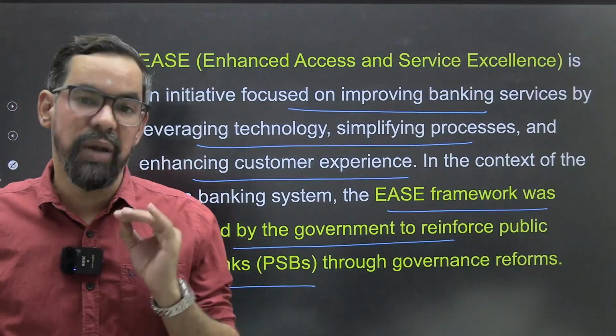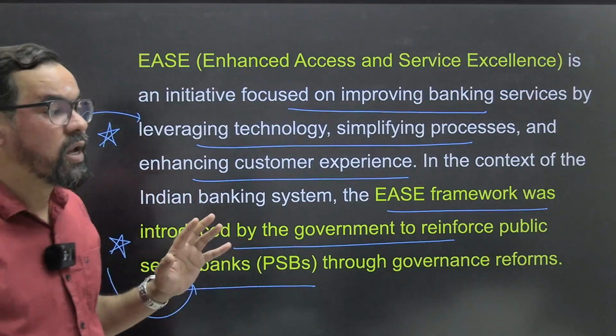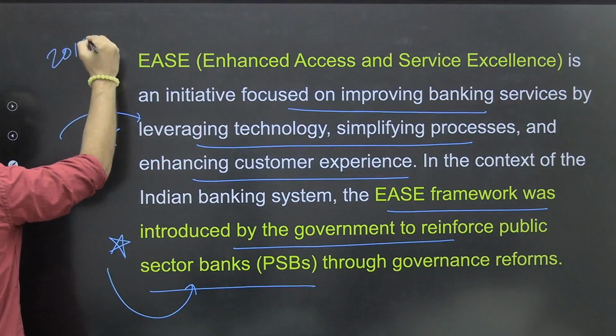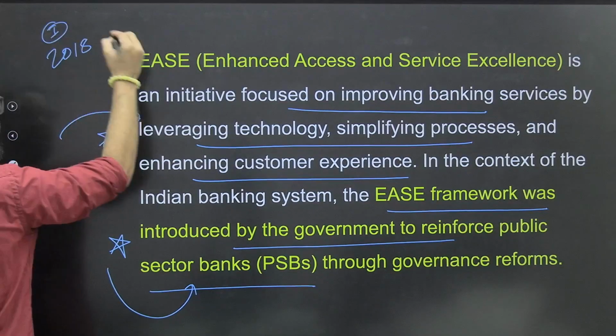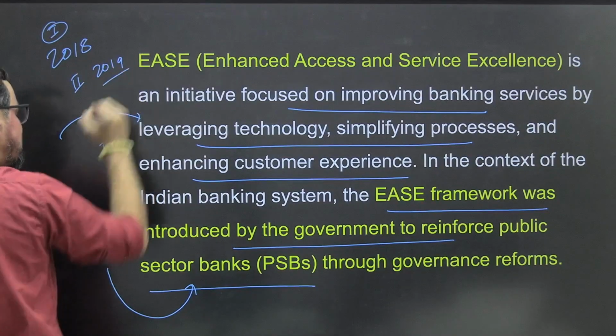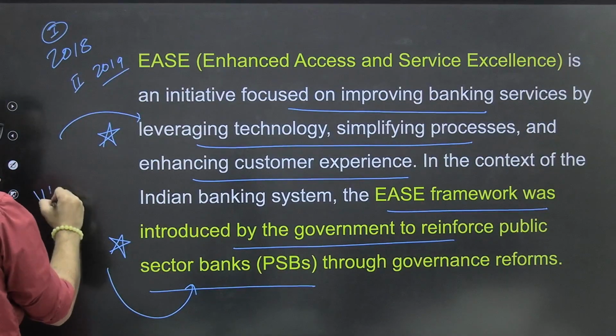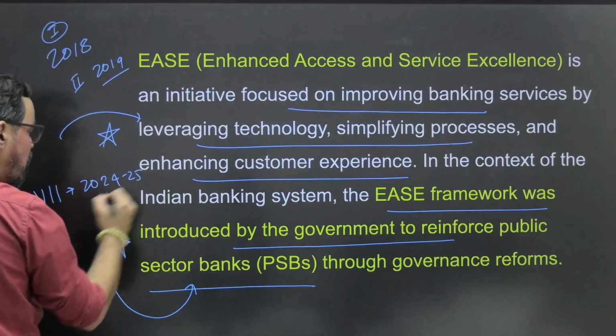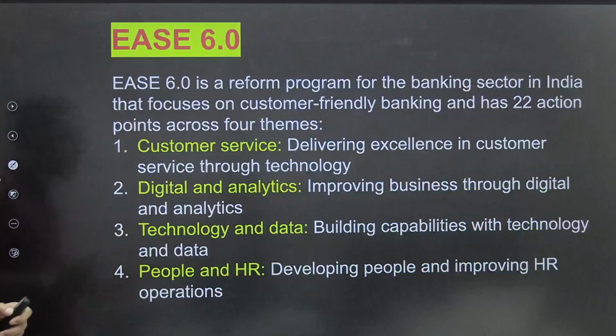That was the primary focus of this particular one. It started in 2018, so 2018 is one. Then EASE 2 आपका 2019, and the latest one is 7, which is 2024 or 25.